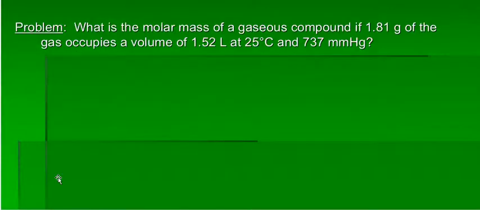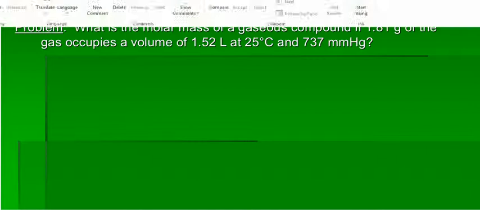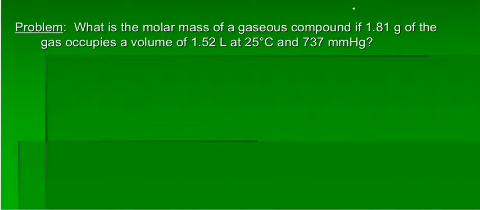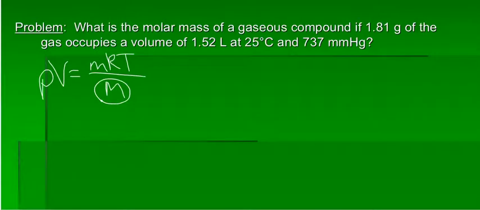Let's look at an example. What is the molar mass of a gaseous compound? We want to find big M. Well, we would use PV equals mRT over capital M. We want to solve for molar mass, the big M, so we need to rearrange this equation. When you rearrange it, it looks like this.